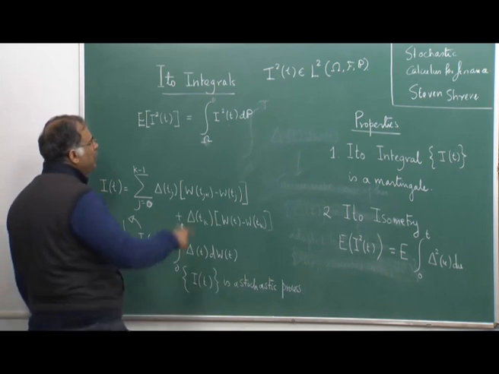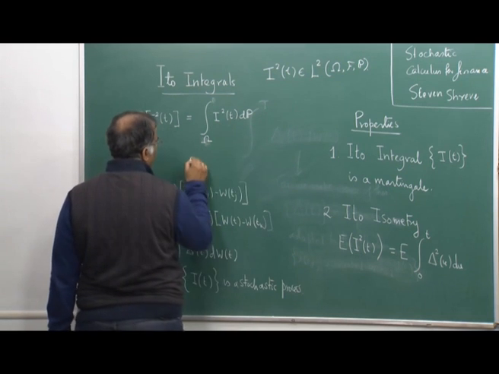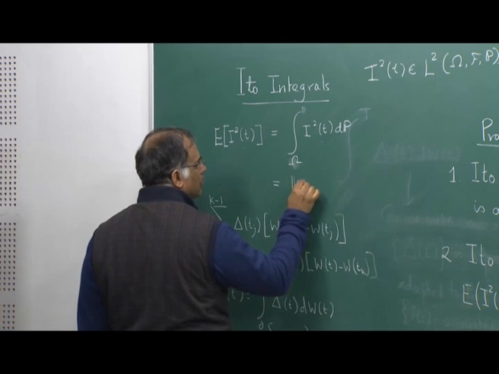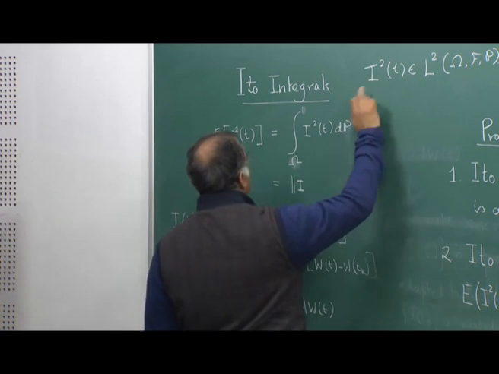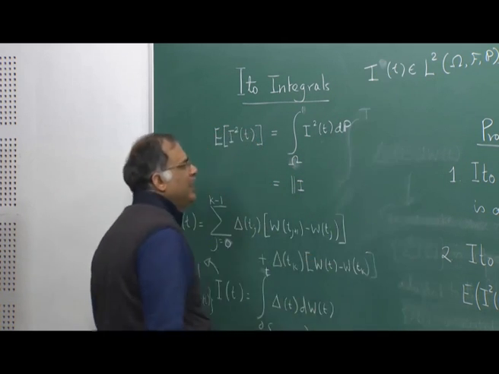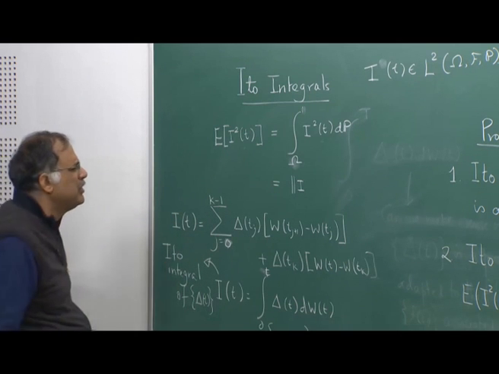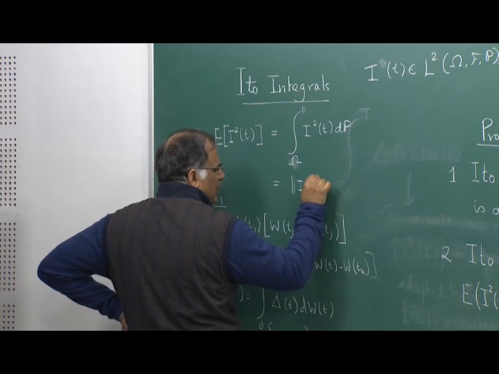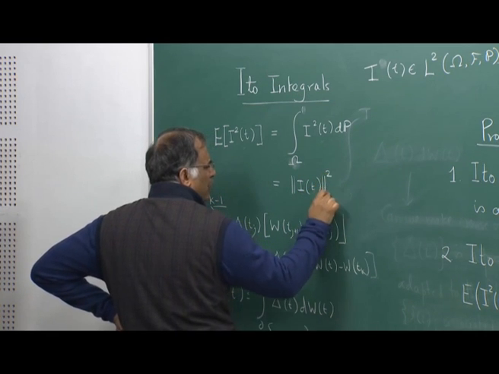So, this actually means, if you look at it very carefully, IT is in L2, not I square. So, this is the square of the L2 norm.